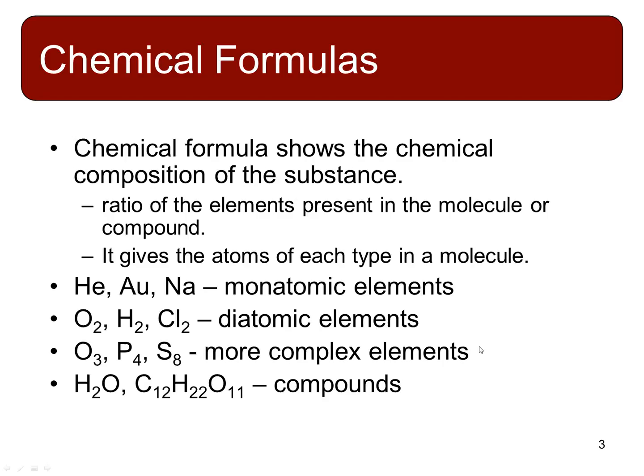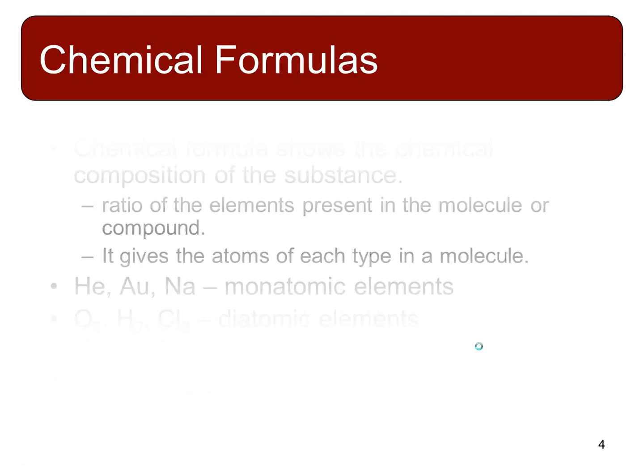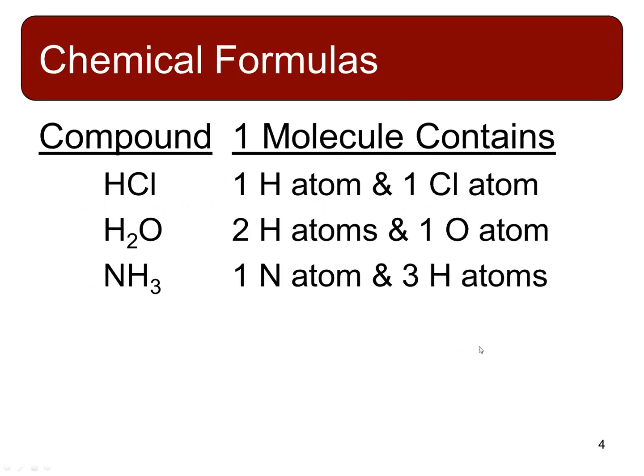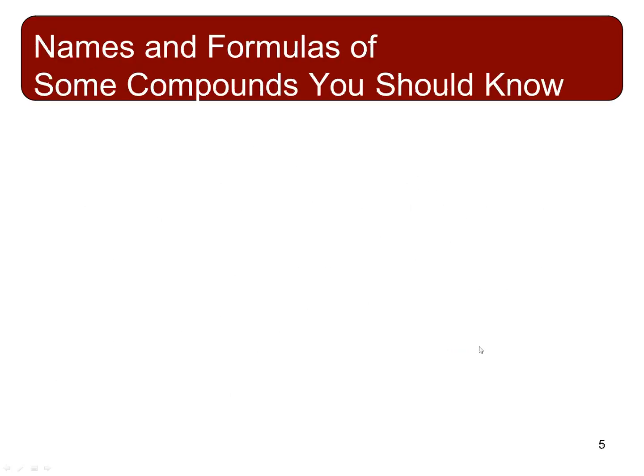Back in chapter 1, we defined a compound. Like you have water, or glucose or sucrose or any of those, and the majority of molecules are in the form of compounds. So if we look at a compound, what do those numbers mean?